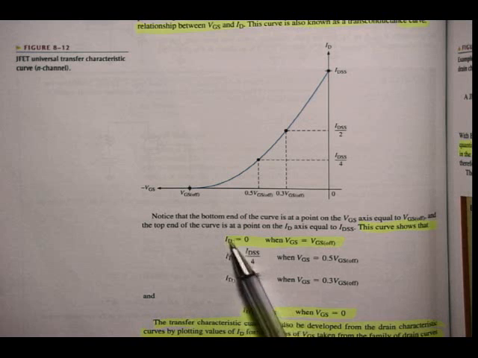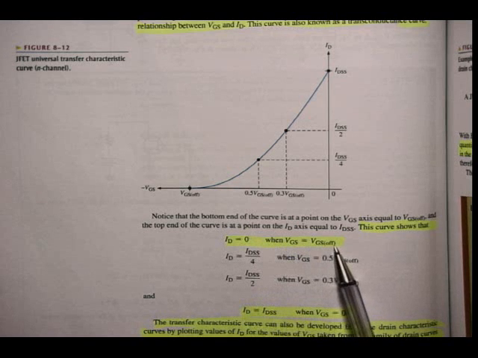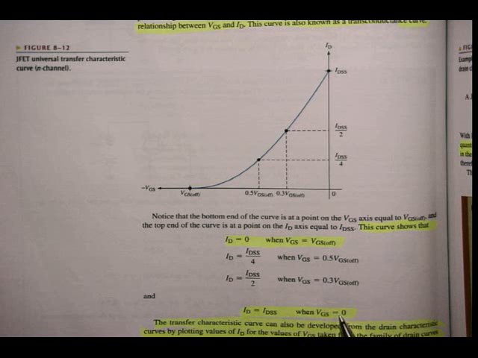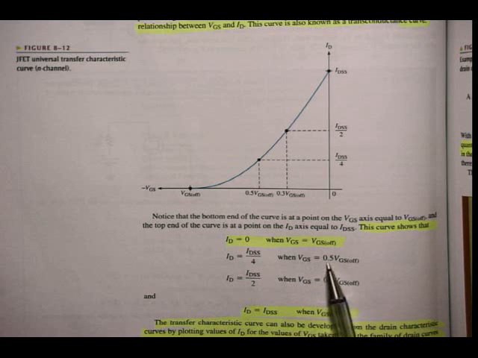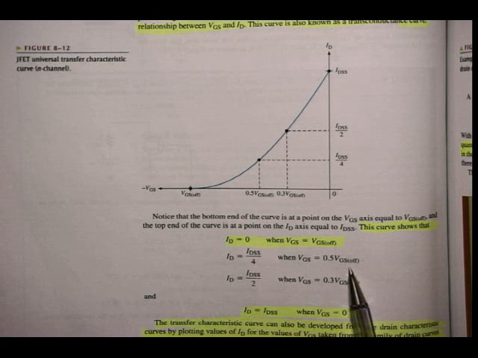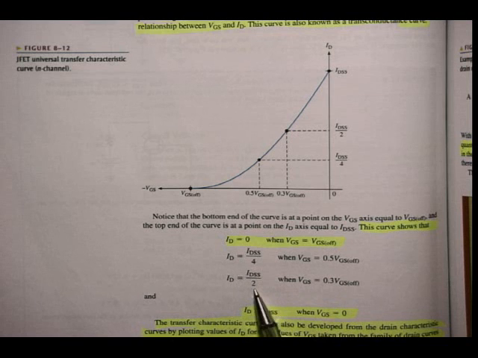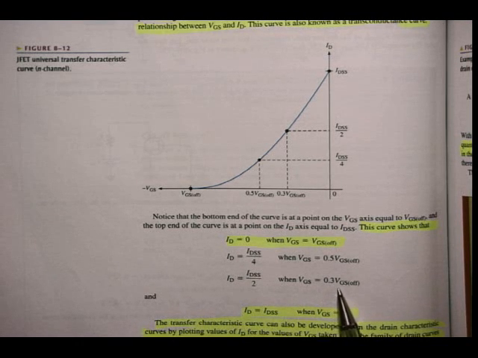Remember we said ID is equal to 0 when VGS is equal to VGS off, and ID is equal to IDSS when VGS is equal to 0. But it also said here ID is IDSS divided by 4 when VGS is equal to 0.5 VGS off. ID is equal to IDSS divided by 2 when VGS is equal to 0.3 times VGS off.